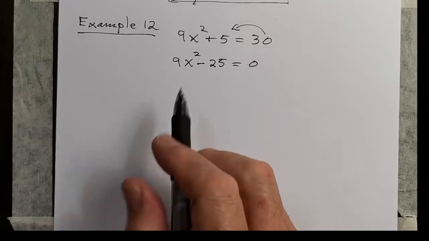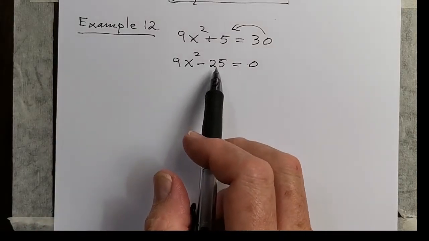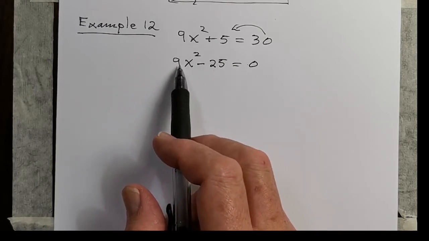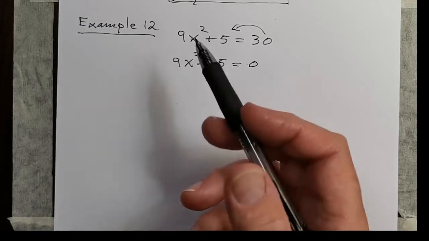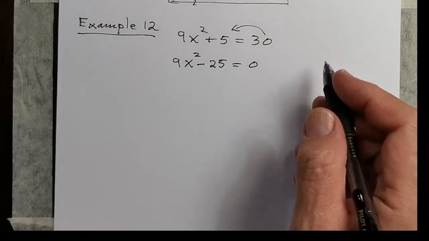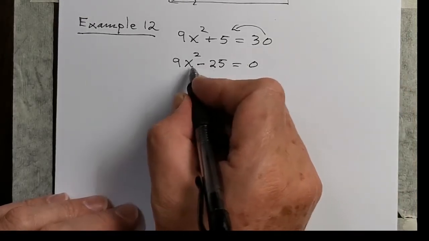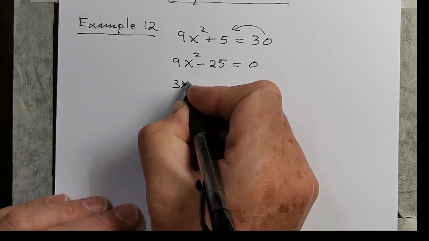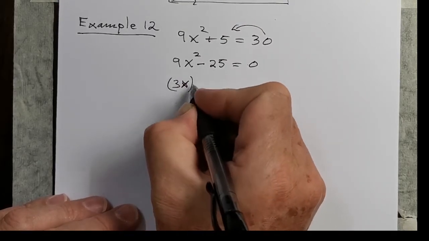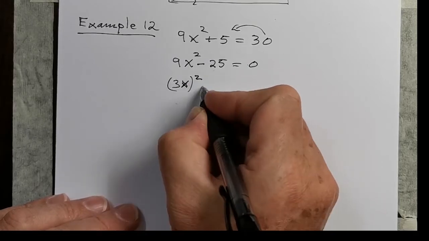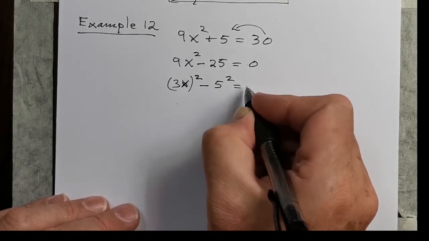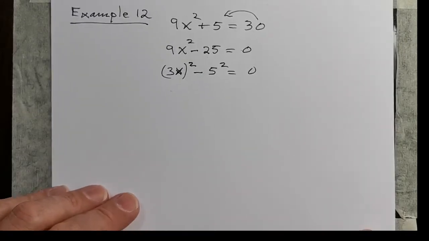Now, as you study this, I hope you recognize that 25 is a perfect square. It's 5 squared. And 9 is also a perfect square, of 3. 3 squared is 9. So we see here then that this can be written as (3x) squared, subtract 5 squared equals 0.